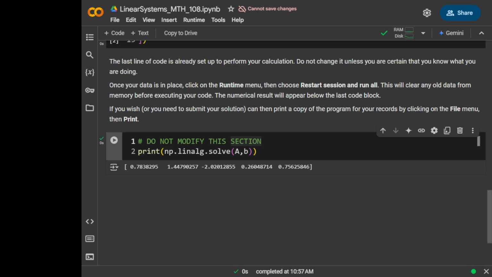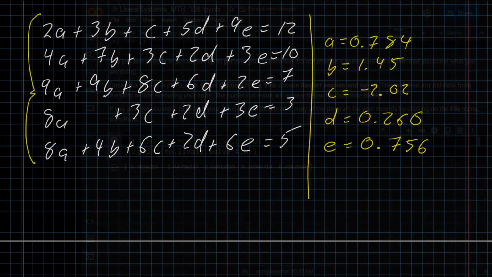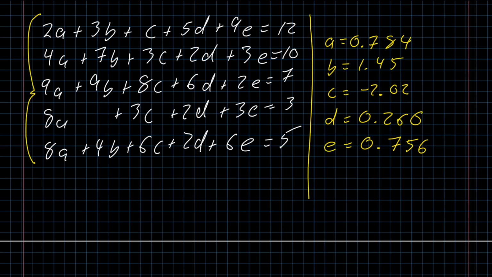So I get that A is 0.784, B is 1.45, C is negative 2.02, D is 0.260, and E is 0.756. Right? Again, it's our job to remember what the variables were and what order we used them in. But since we had them all in the same order, we can interpret that in exactly that order. We can write all of that out, and there is our solution.